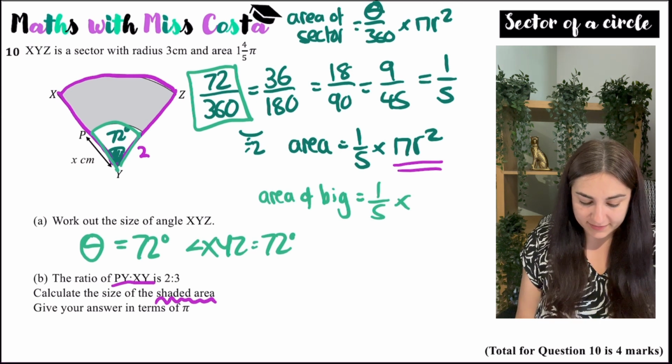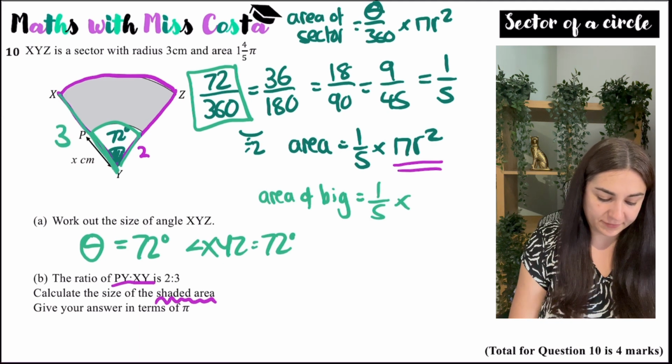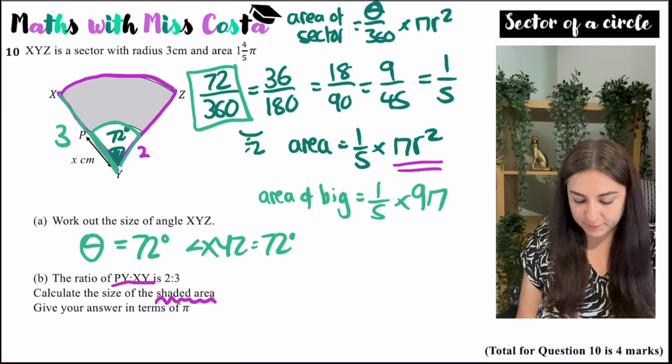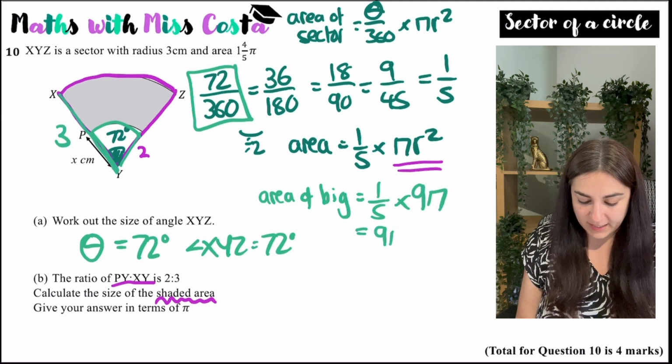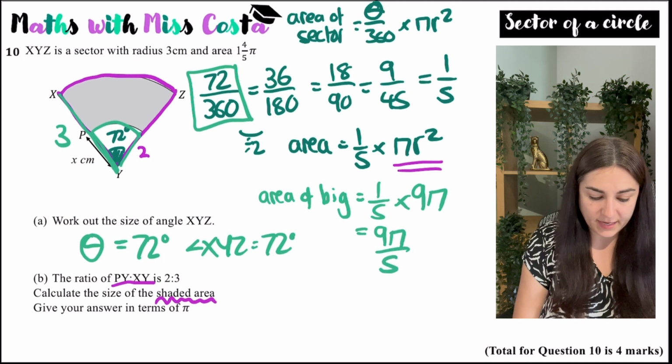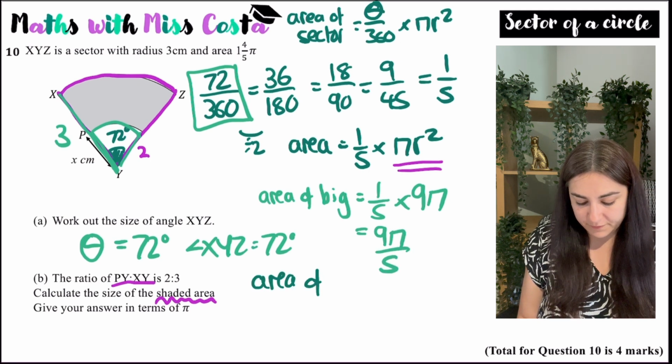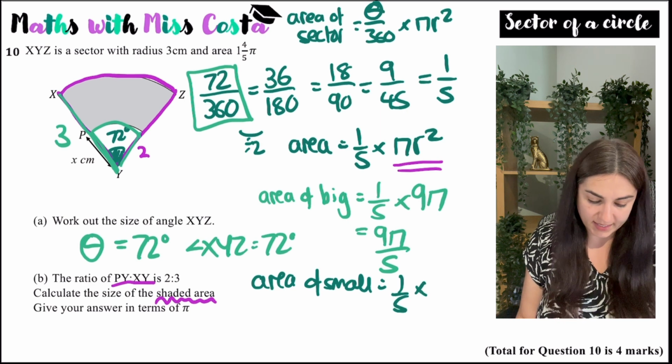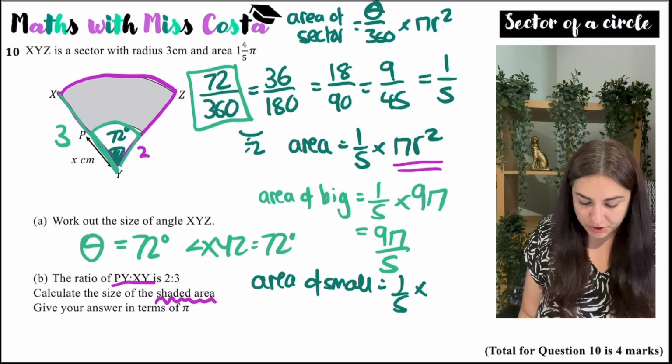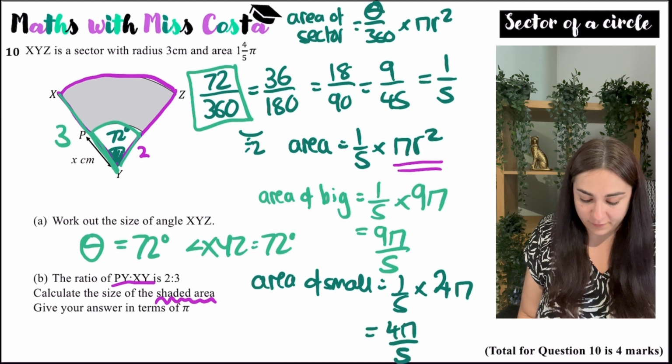Well, this long radius here is 3. So that would be 1/5 times by 9 pi, so 9 pi over 5. And the area of the small sector is going to be 1/5 times by the radius, which was 2. So 2 squared is 4, so that would be 4 pi over 5.